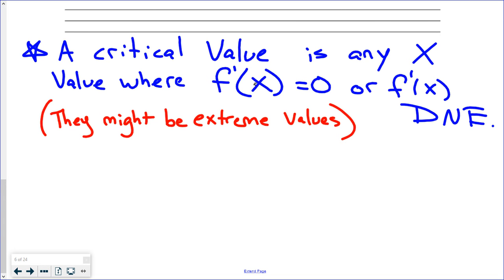So, for example, again, the cube function has a critical value. It just simply does not have an extreme value at 0.